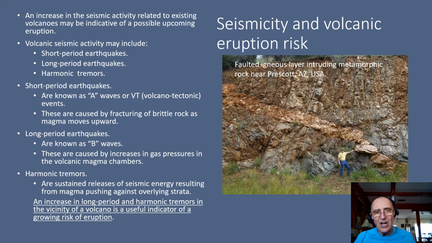In contrast, long period earthquakes are caused by an increase in gas pressures in the volcanic magma chamber. And harmonic tremors are a sustained release of seismic energy resulting from the magma pushing against the overlying rocks or the overlying strata.